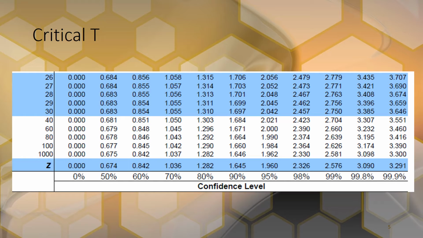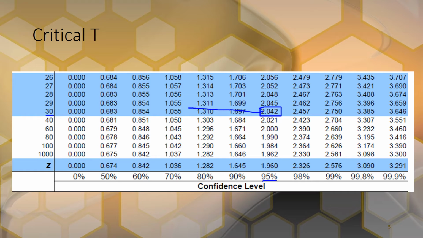So you take the n minus 1 to get the degrees of freedom. So say we have a sample size of 31, we subtract 1, we get 30 for our degrees of freedom. So we're going to go into the first column and find the degrees of freedom, and then you're going to find your confidence level. So let's say we're doing 95%, then where those two things intersect is right here.